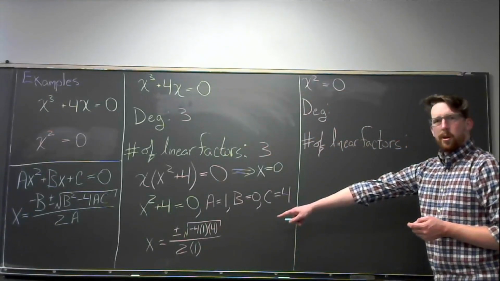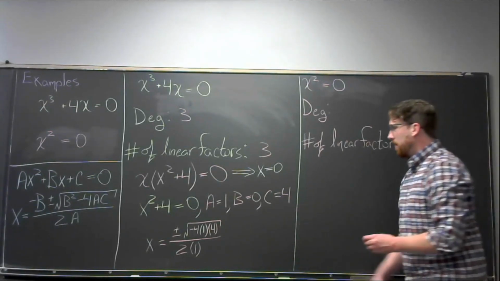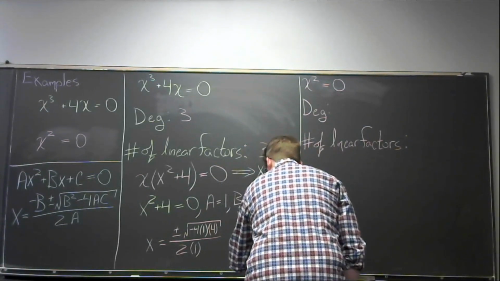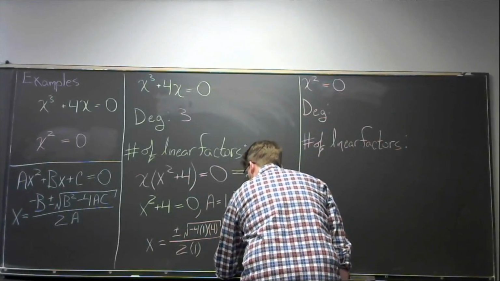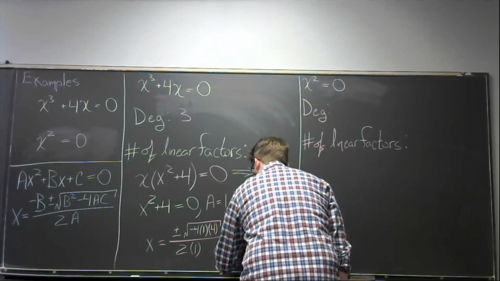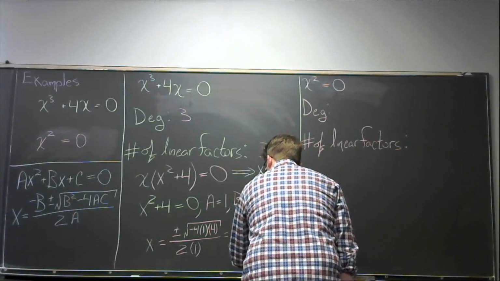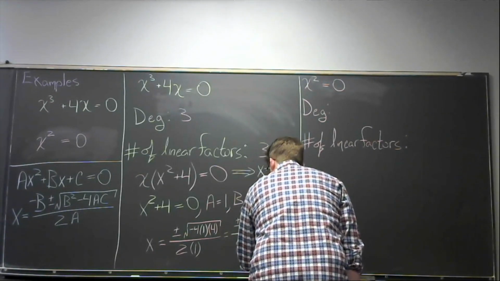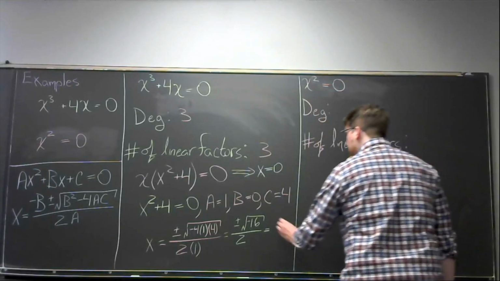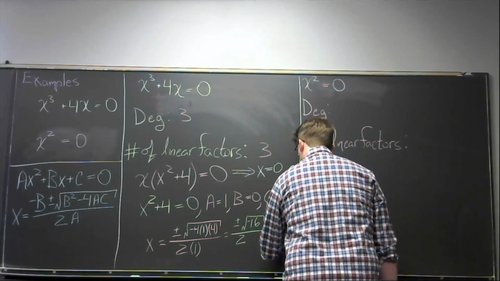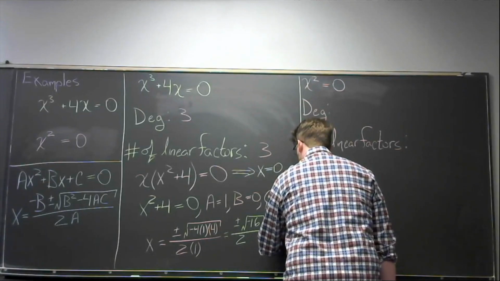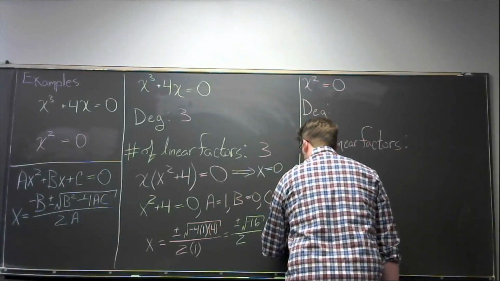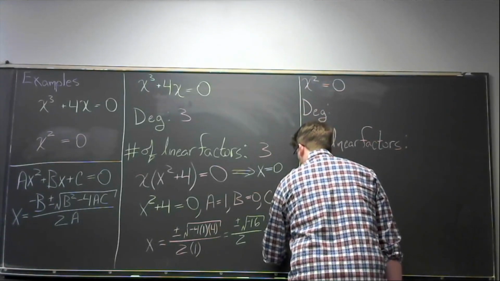Once we reduce all of this, it comes out to be plus or minus the square root of negative 16 over 2. That becomes plus or minus i times 4 over 2.